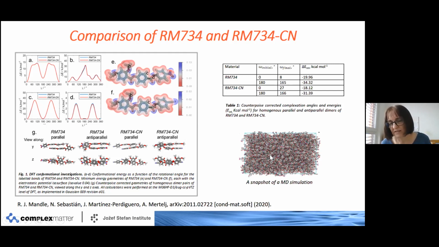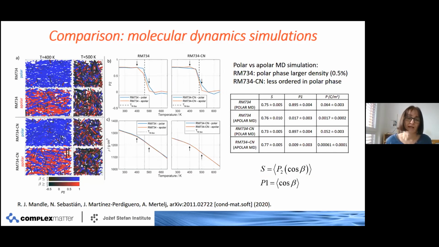And that is why Richard did the molecular dynamics simulation of both materials in polar and in apolar situations. I don't have time to go into details here. I will just point out two observations.